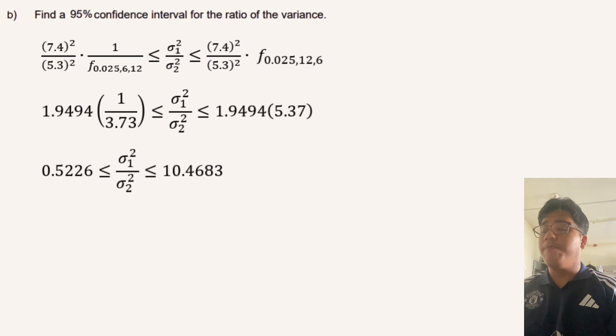For B, find a 90% confidence interval for the ratio of the variance. We already constructed the formula in the previous question. We just need to substitute the values.